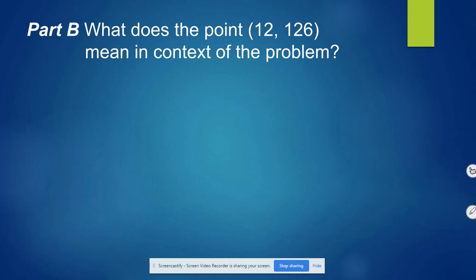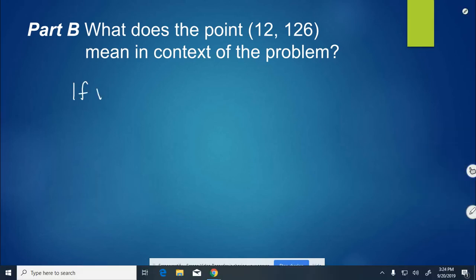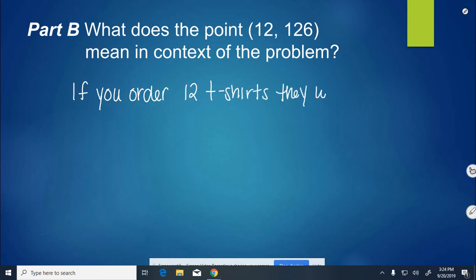So this is saying if you order 12 t-shirts, it will cost $126. You're just relating it back to the problem whenever they ask for something in context.